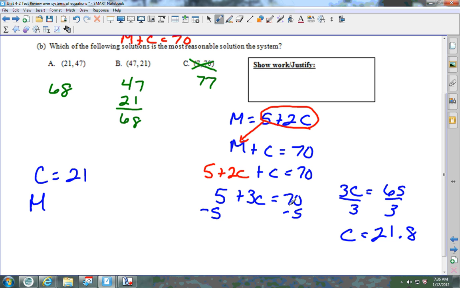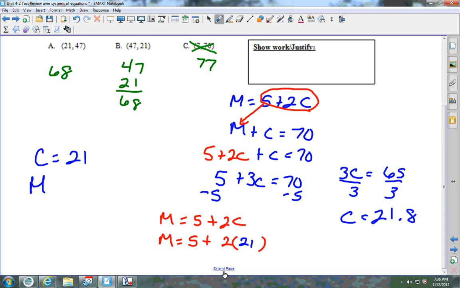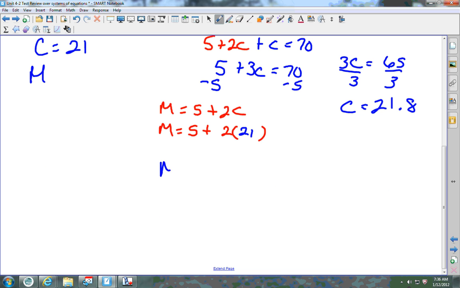And if Carlos has 21, let's take Mary equals 5 plus 2 times C. Mary equals 5 plus 2 times 21. So we have Mary equals 5 plus 42. So Mary equals 47.